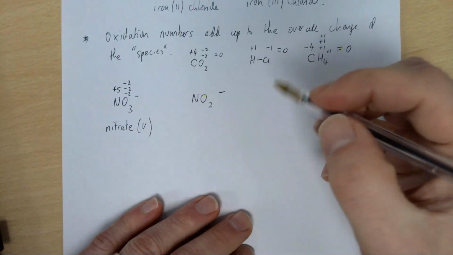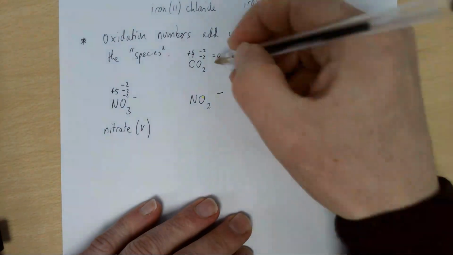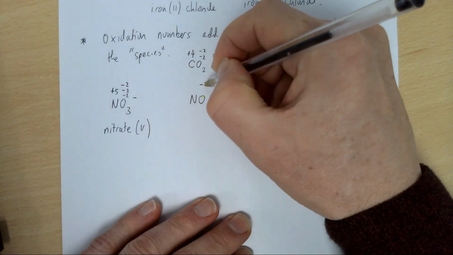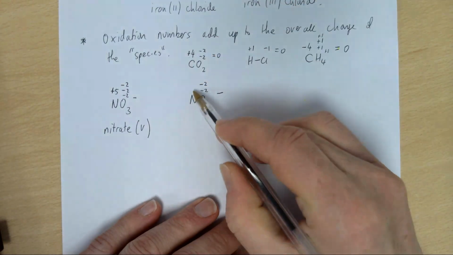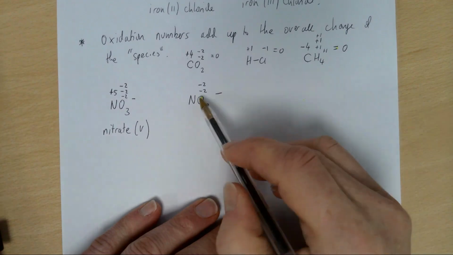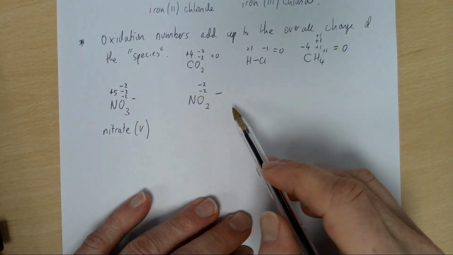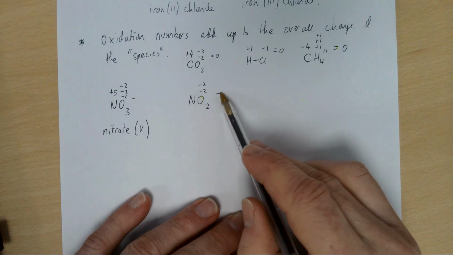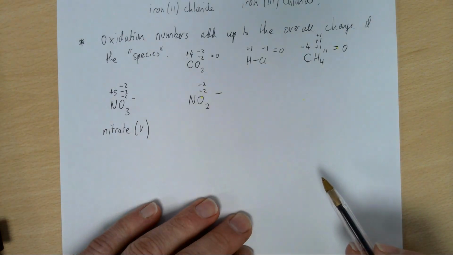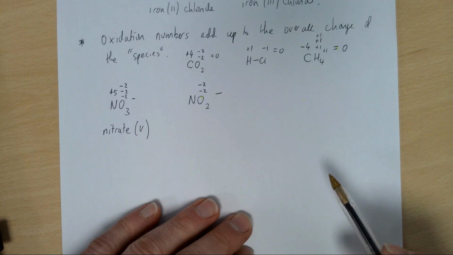Whereas here, you'll start working these out yourself soon, but each oxygen's -2. In fact, you can tell each other what you think the oxidation number of nitrogen would be in this scenario. Given that something take away 4 is equal to -1, what's that something? It's year 7 maths. Tell each other. Something take away 4 is -1.